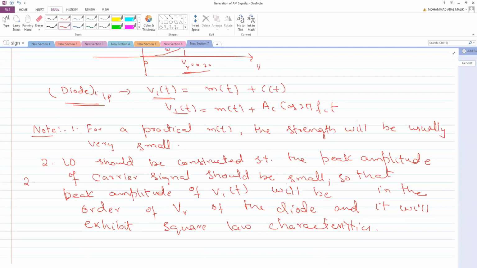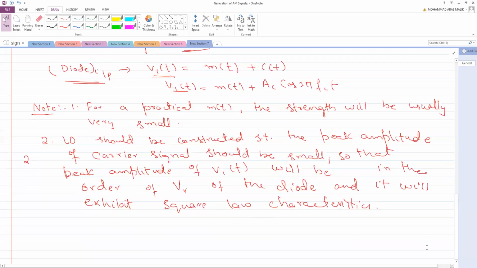Because if it is greater than V gamma, then it will follow the linear portion. And we require this to be in square law, because it will be passed to a square law device and follow the characteristic of square law. So that's one point you should remember here. Very important point. Getting me?